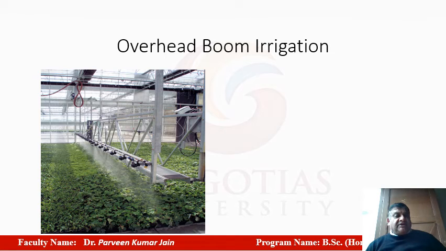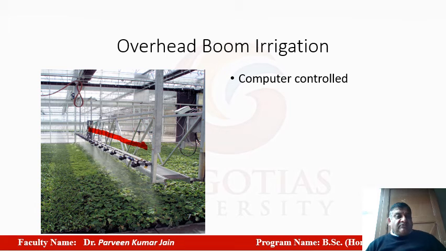Now, in more technical polyhouses, or very precise, automated polyhouses, boom irrigation is practiced, as you can see in this picture. This is a boom. It is totally mechanized and driven automatically.